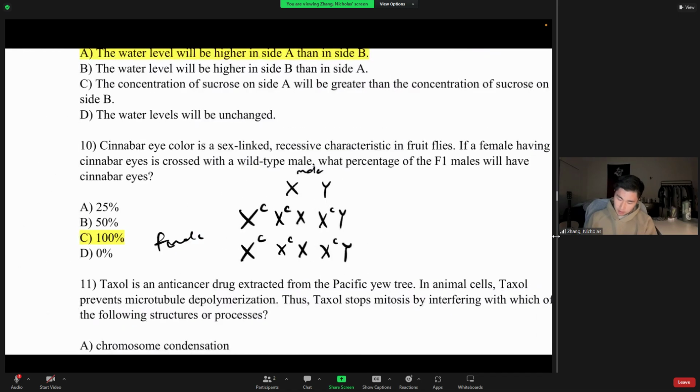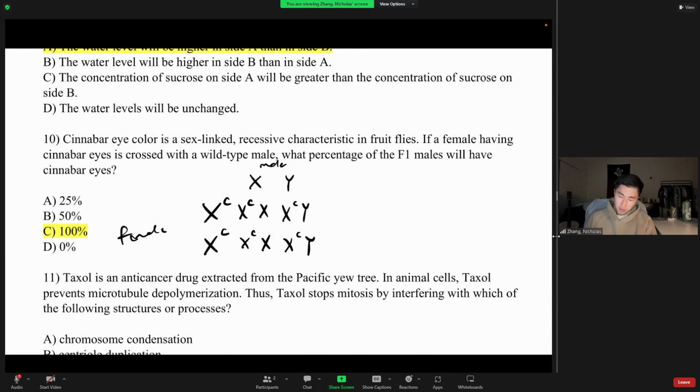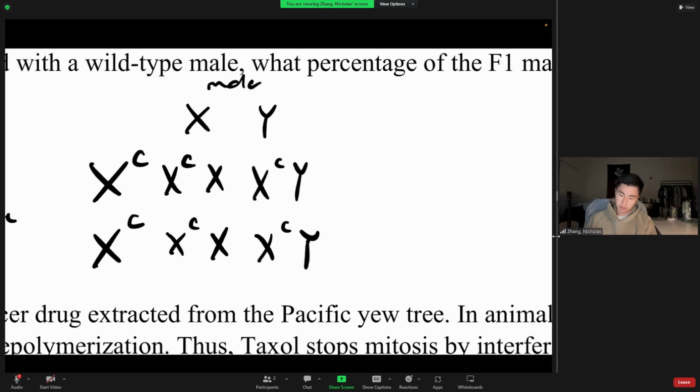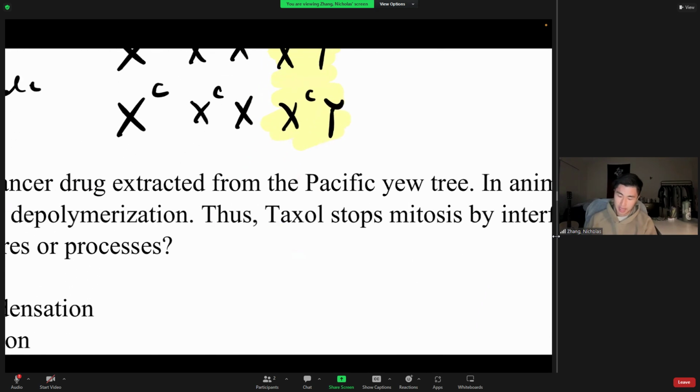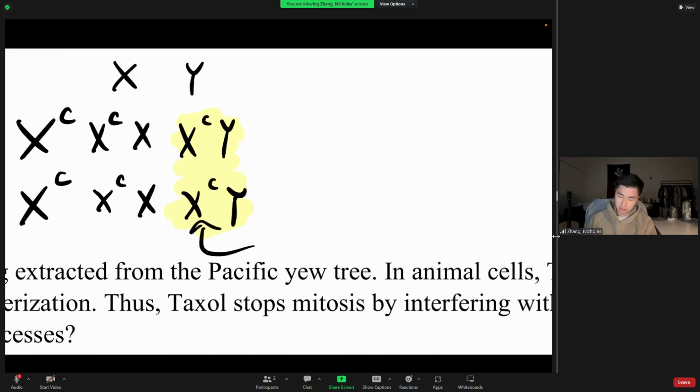Right. What percentage of the F1 males will have cinnabar eyes? Well, since we're working with males, we're only going to look at the ones with an X and a Y chromosome. And both of the males have a copy of the cinnabar allele, right?